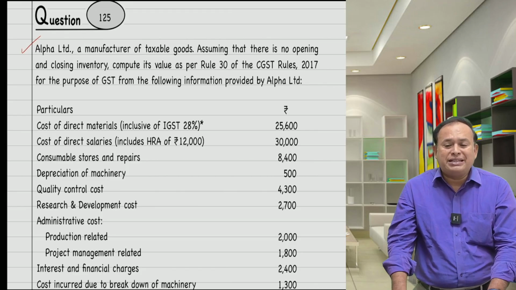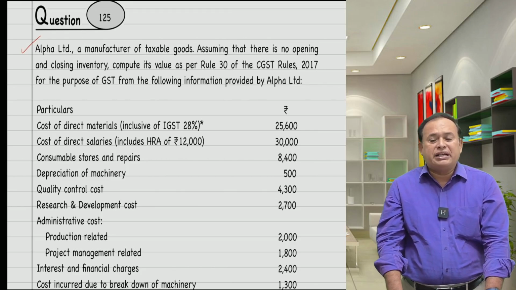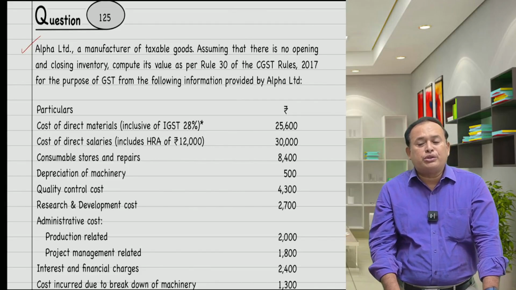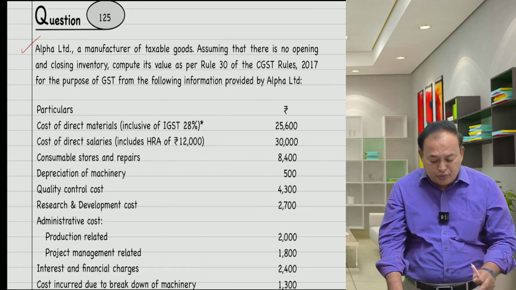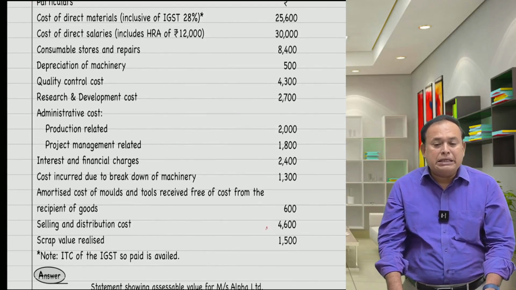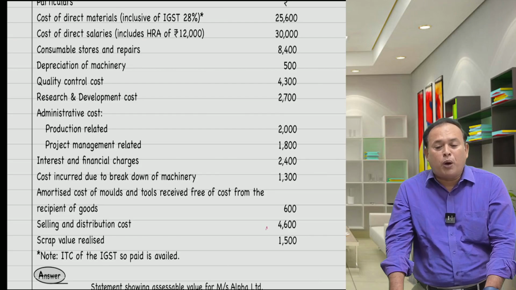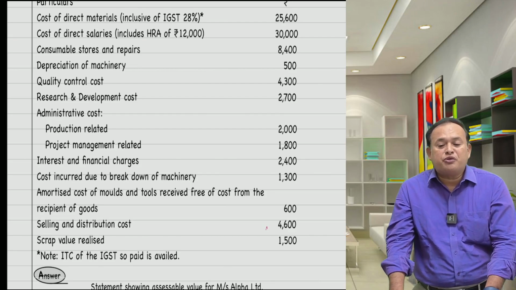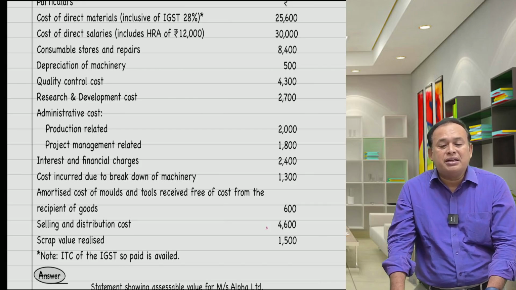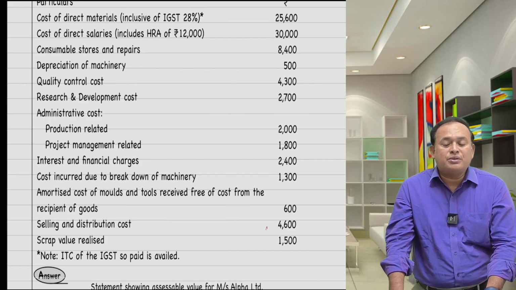Consumable stores and repairs 8,400, depreciation of the machinery 500, quality control cost 4,300, research and development cost 2,700, administrative cost production related 2,000, project management related 1,800, interest and financial charges 2,400, cost incurred due to the breakdown of machinery 1,300, amortized cost of molds and tools received free of cost from the recipient of the goods 600, selling and distribution cost 4,600, scrap value realized 1,500.